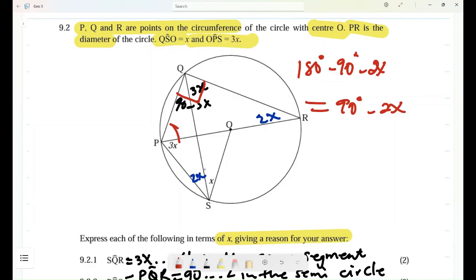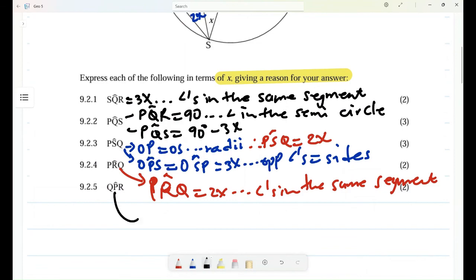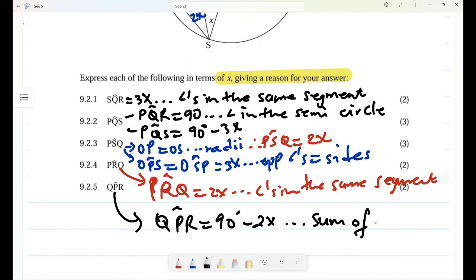Hence, I'm saying this angle is 90 minus 2x. So I'm going to come here and say the answer of QPR is equal to 90 degrees minus 2x. Why? Sum of angles in a triangle.